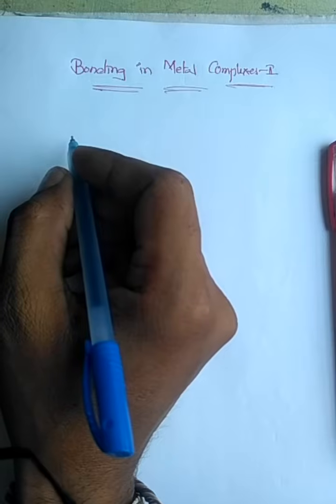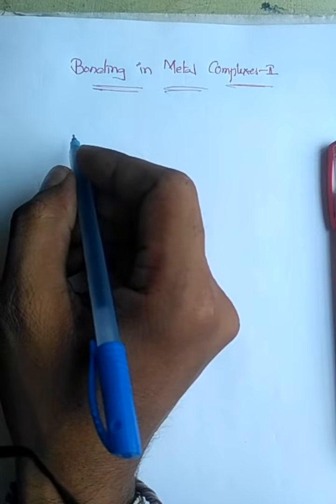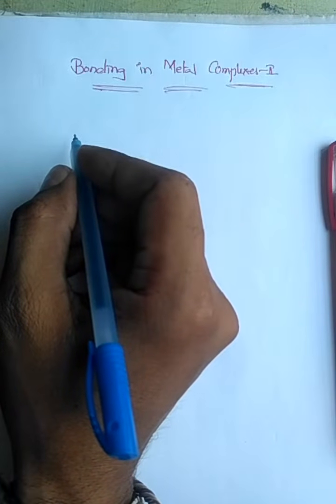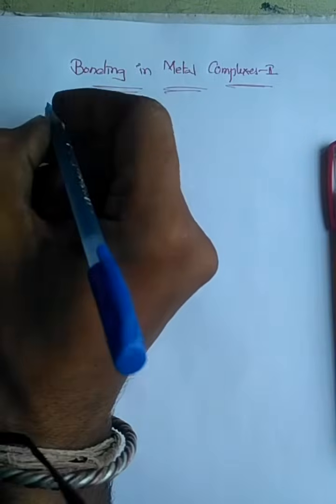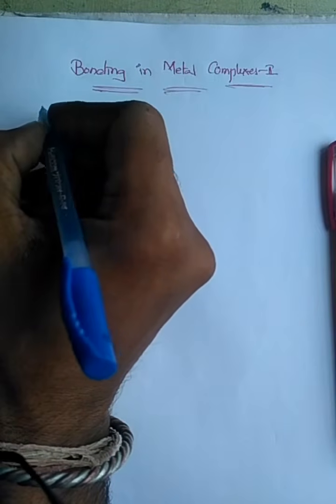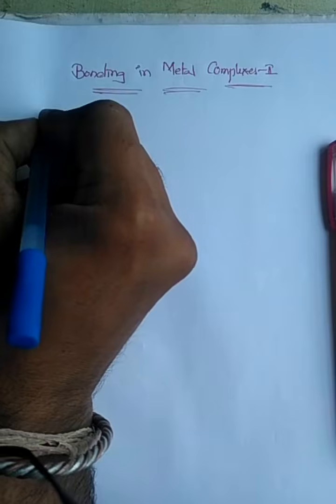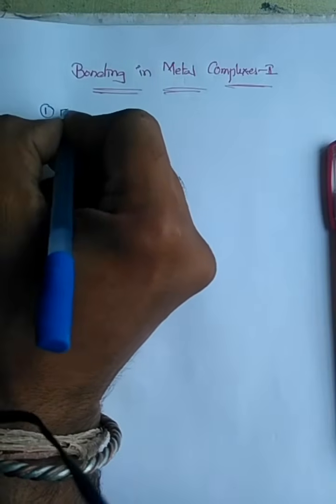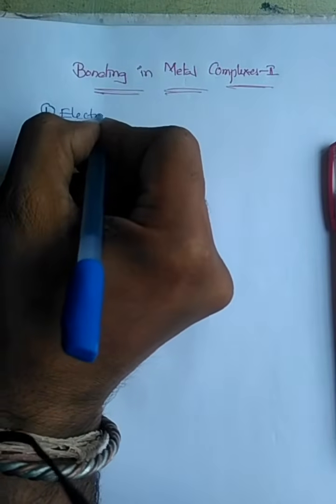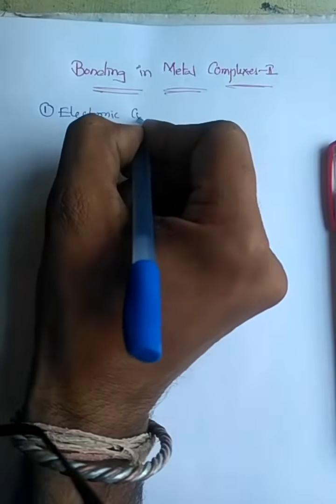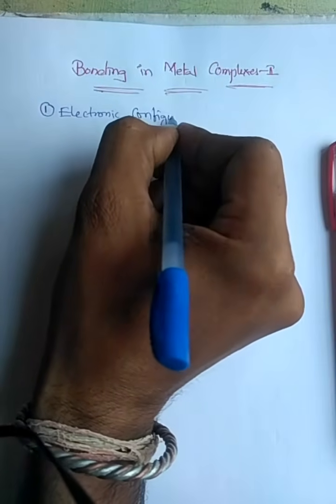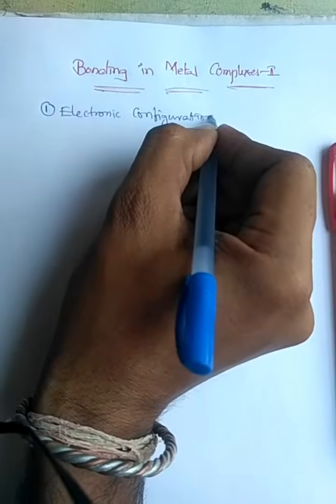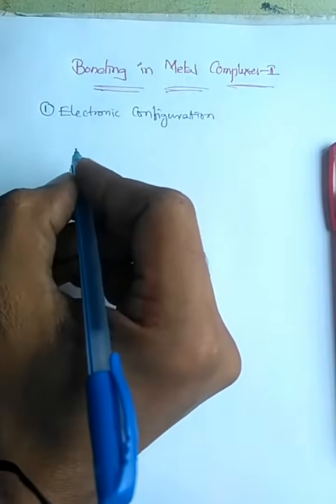Today we will continue the second lecture on bonding in element complexes. I explained in the first lecture the electronic configuration, and I defined it.